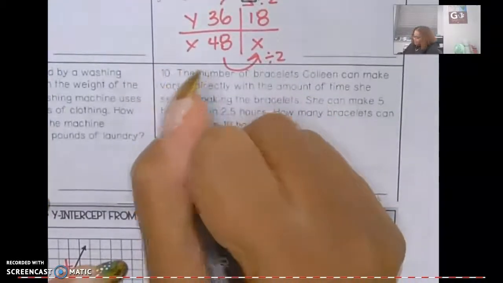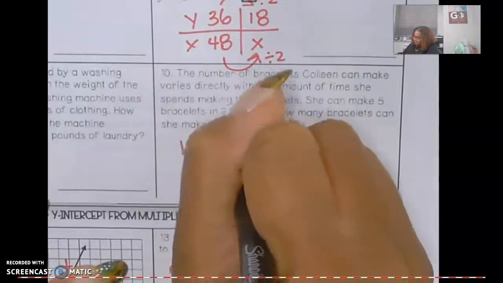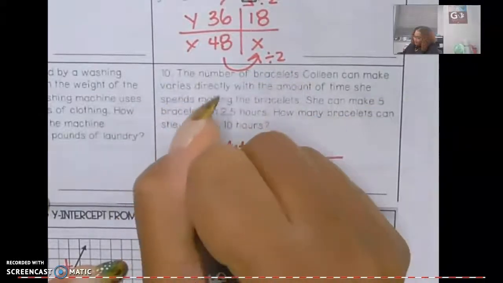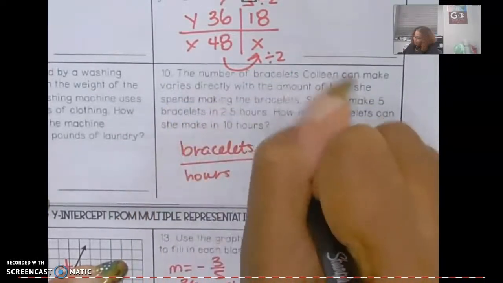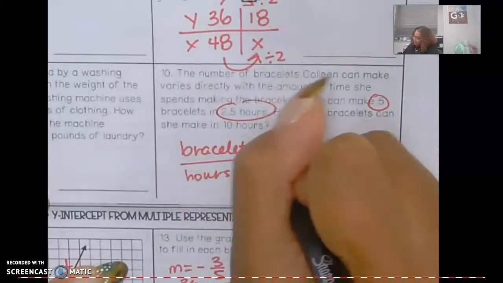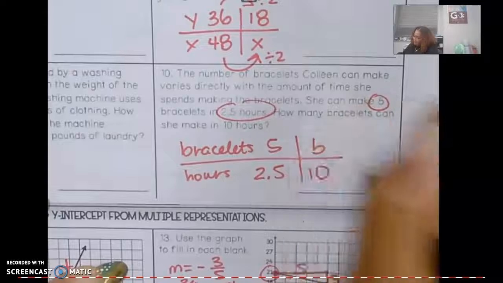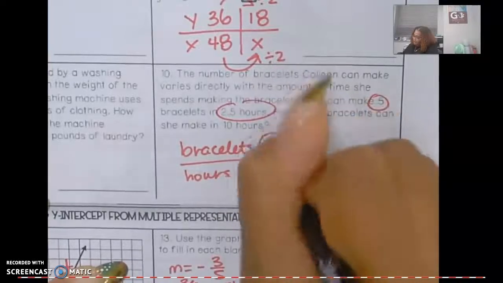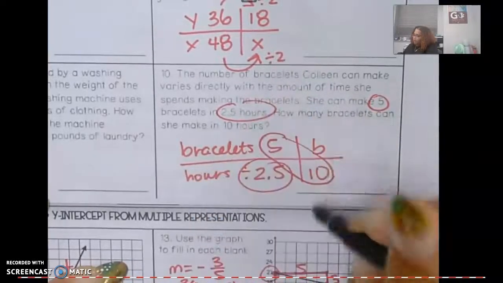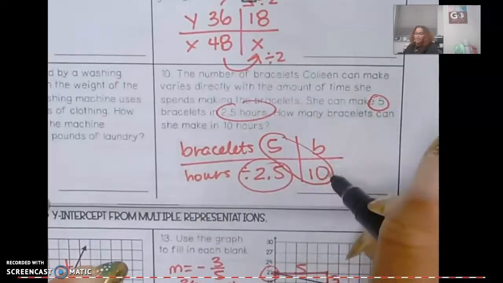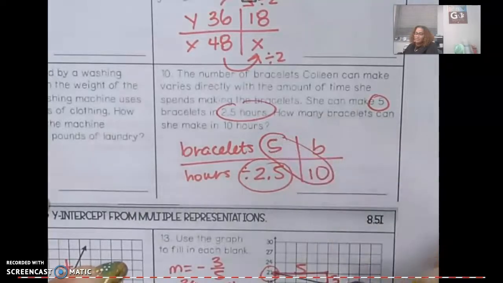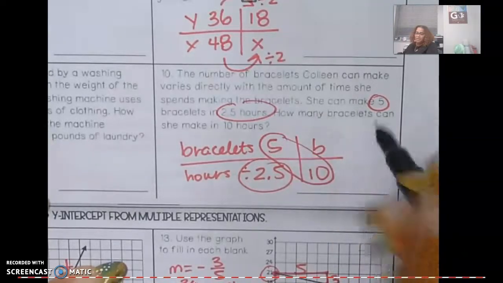Here I've got bracelets, and I've got hours. I can make 5 bracelets in 2.5 hours. How many bracelets can I make in 10 hours? We can cross multiply and divide, or we can figure out what we multiply 2.5 by to get 10 and multiply the same thing by 5 to get the bracelets.